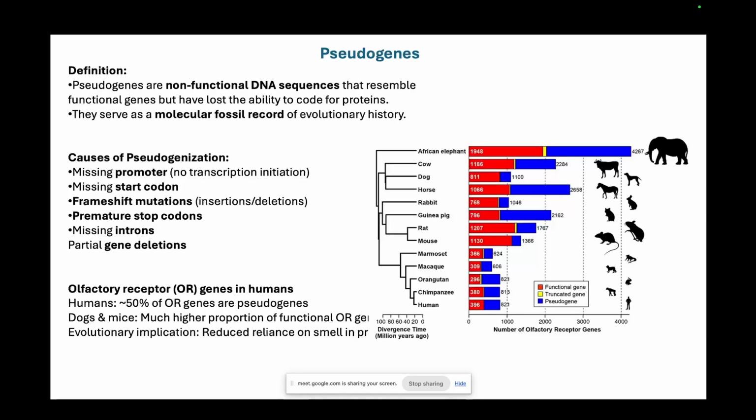Right? So, what are the reasons for pseudogenization? Basically, conversion of a protein coding gene to a pseudogene. Firstly, it can be a missing promoter. It can be that the promoter got mutated, or the promoter got deleted or knocked out of the DNA.